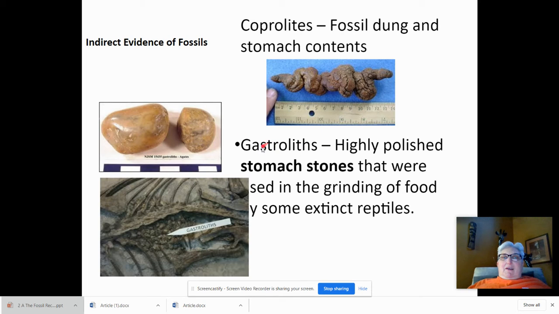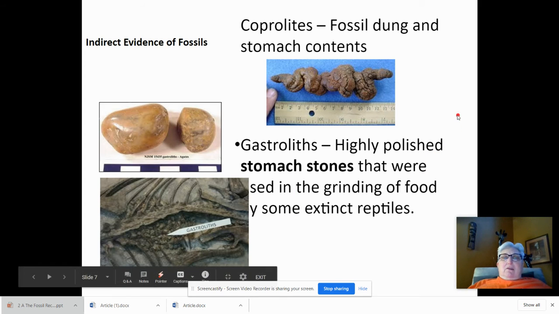Gastroliths are really an interesting, what we consider to be fossil. They're basically stones that reptiles would ingest in order to aid in digestion, right? Those stones would rub up against the food because the dinosaurs and things would eat large amounts of plants. So the gastroliths aided in the breakdown of food particles. Kind of an interesting fossil.